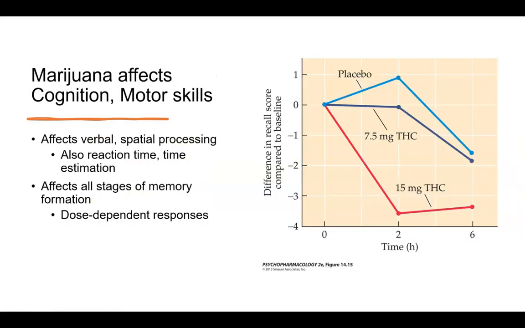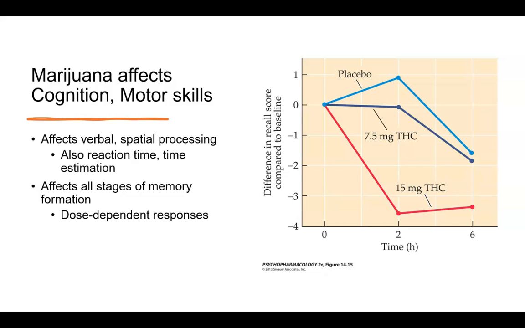Now, for human beings, one of the things that we know is that marijuana negatively affects cognition, and it also affects motor skills. Particularly, we find that it affects verbal and spatial processing. So what you're looking at here is a group that is either given a placebo or different dosages of THC in an explicit memory task.